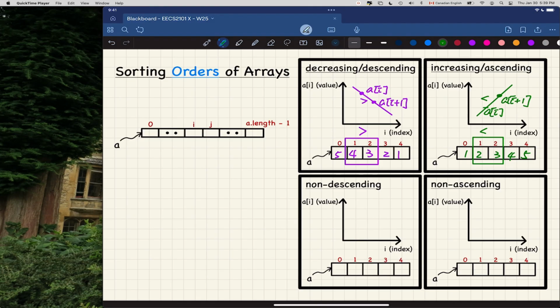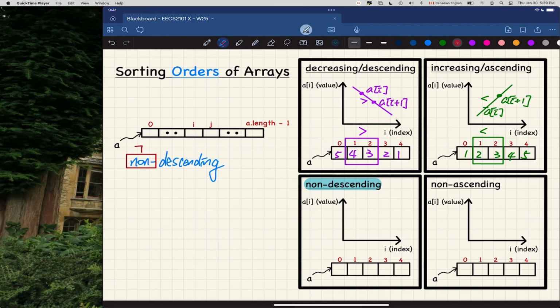The tricky ones will be these two. The way to think about it is being a little bit more logical to derive what's really happening here, just in case you forget. Let me just use the non-descending as the example over here. Okay, so this one here, non-descending. Okay, the way I see it is like this. When I say non-descending, the non here really corresponds to the logical operator for negation.